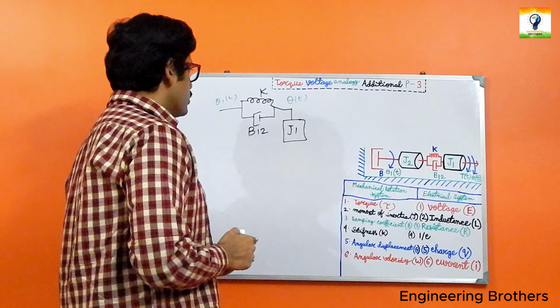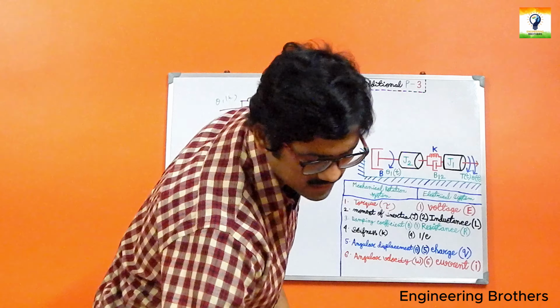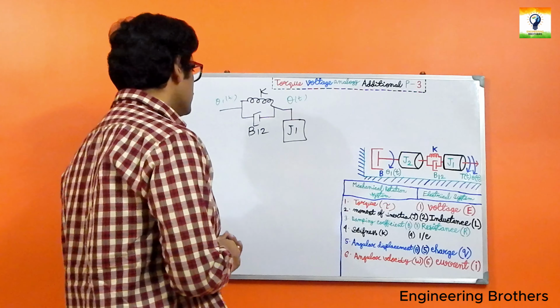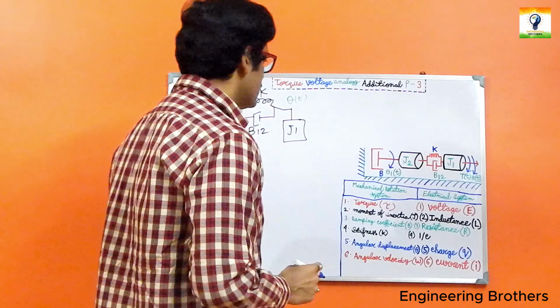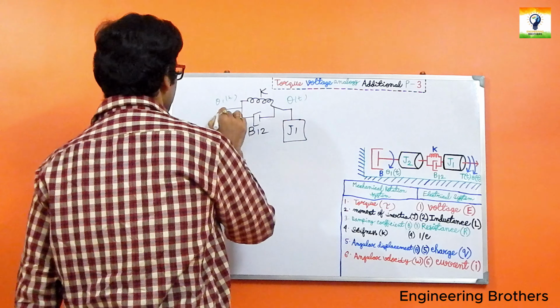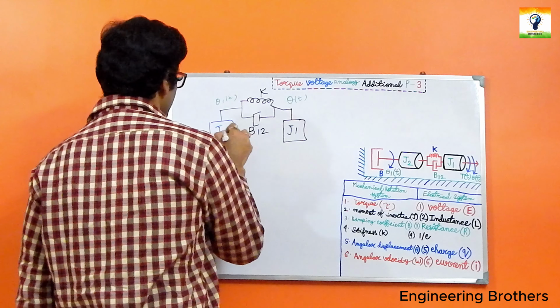Now let us move towards the left hand side. We can see that with the angular displacement theta 1t, J2 has been associated here. So let us include J2.